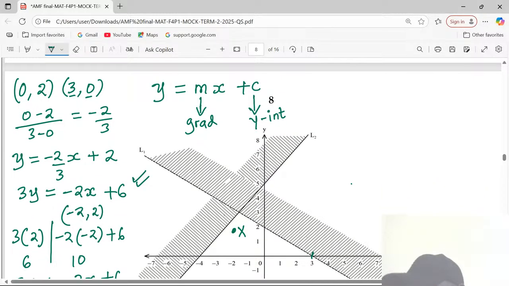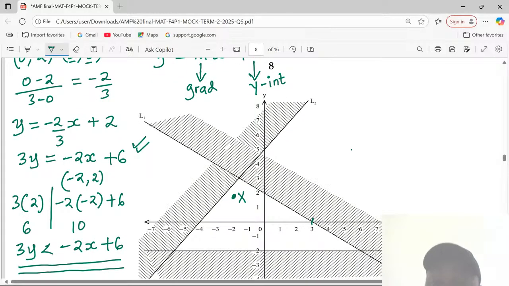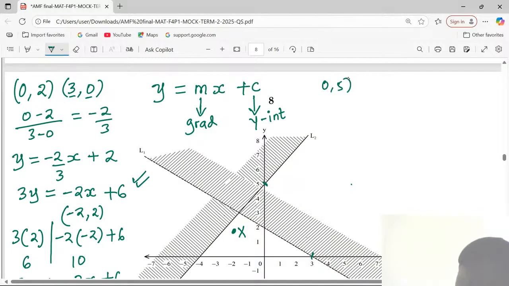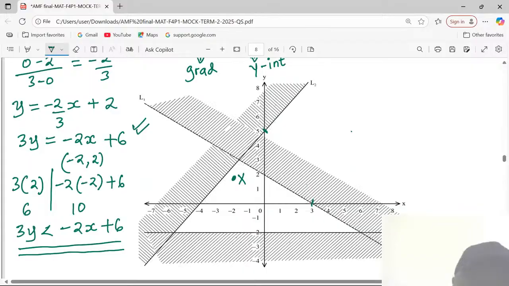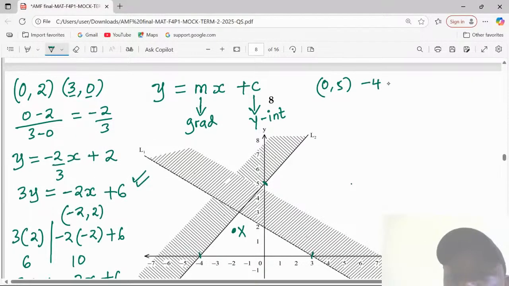Okay, line 2. I want us to solve together. Line 2. We identify coordinates again. The first coordinate I'm getting here is 0, 5 according to the y-intercept. That is one of the coordinates. Then on the x-axis for line 2, negative 4, 0.